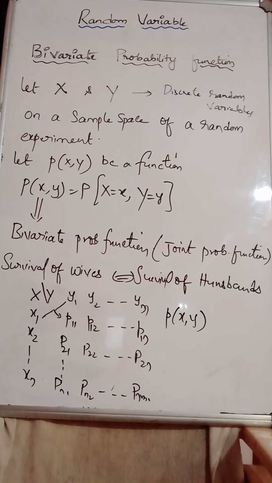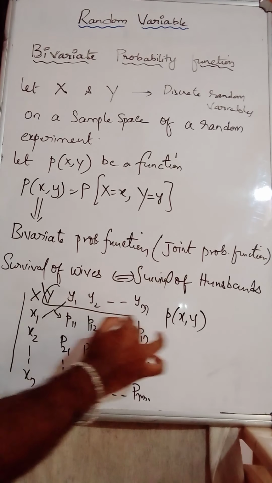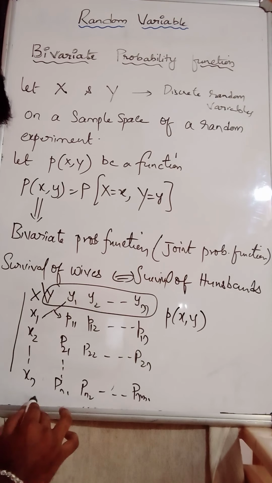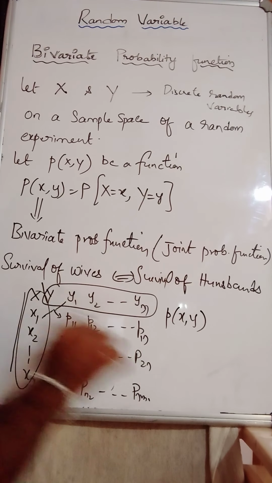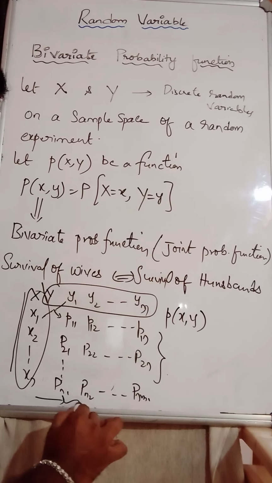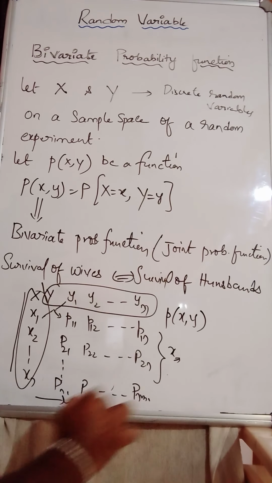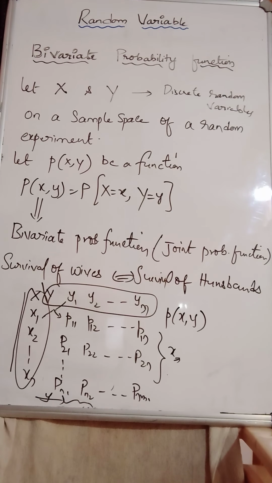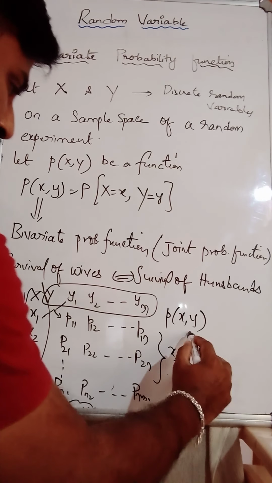Then what do you mean by a marginal probability function? Marginal probability function means the probability of all these. See how it can be written. Y totals where you will be considering here, X totals where you will be considering here. These are all Y totals and these are all X totals. Right? So here the marginal function, how it can be written?